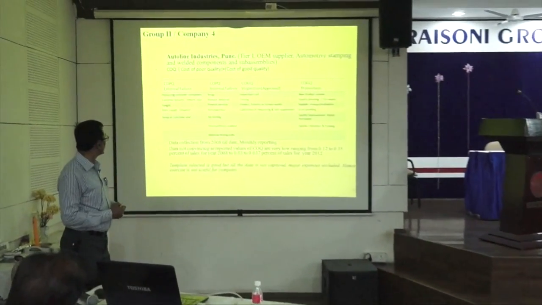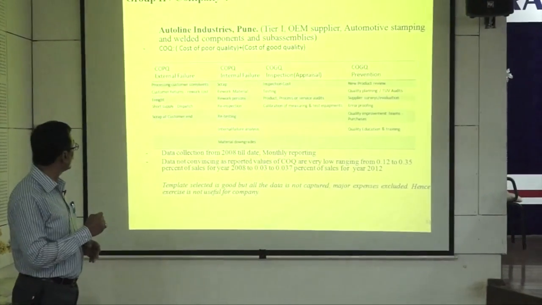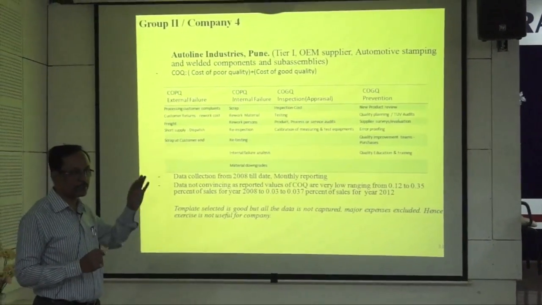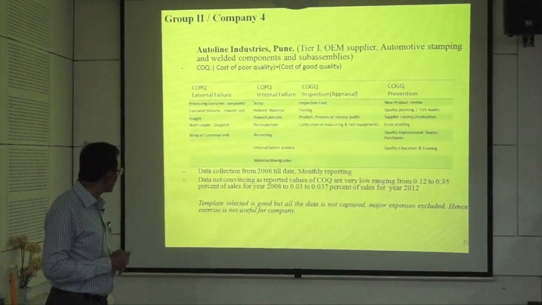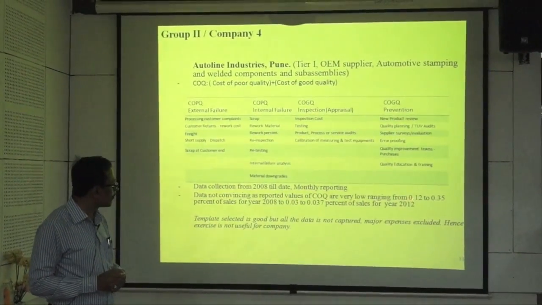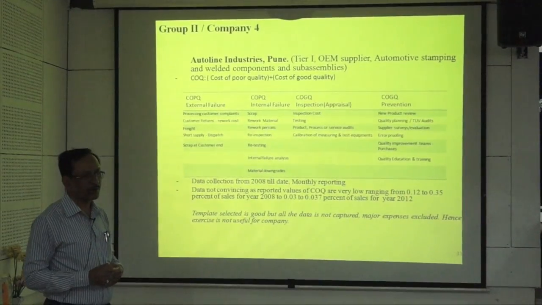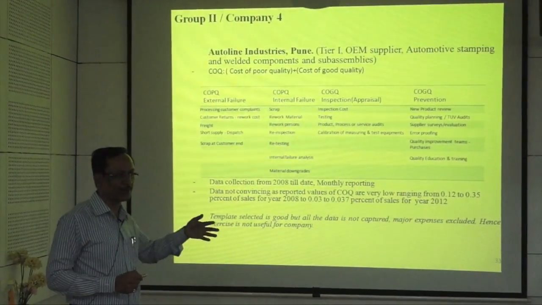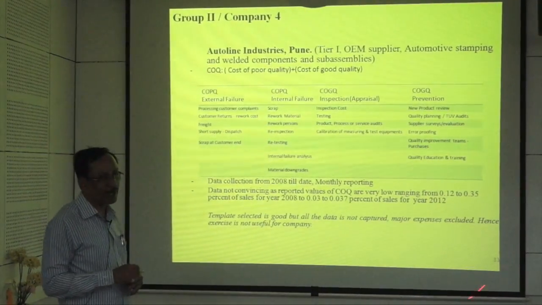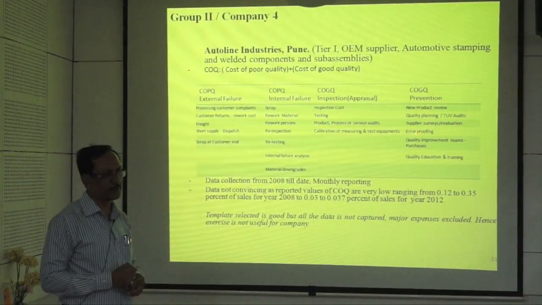So now this auto line industry, they have tried to put up all the things as per the standard. But when I see the data, the cost of quality is very meager, 0.12 or 0.35, which means they have suppressed the data. For the presentation only, they have done it. So this is what I have noted from that industry practice.